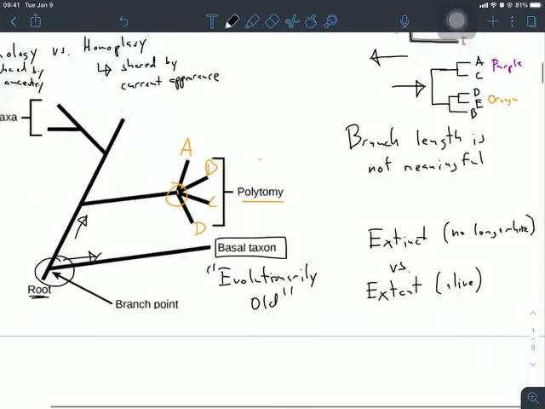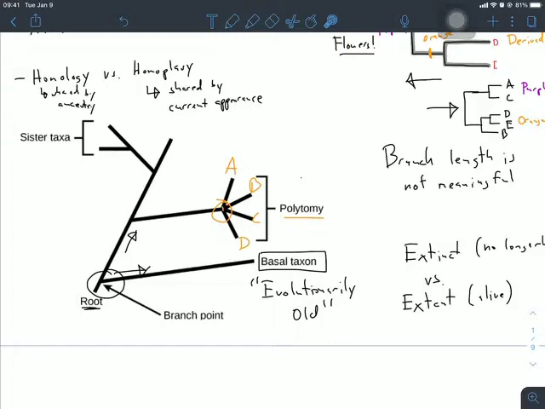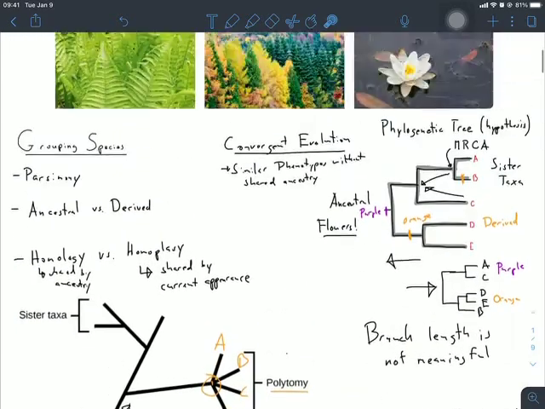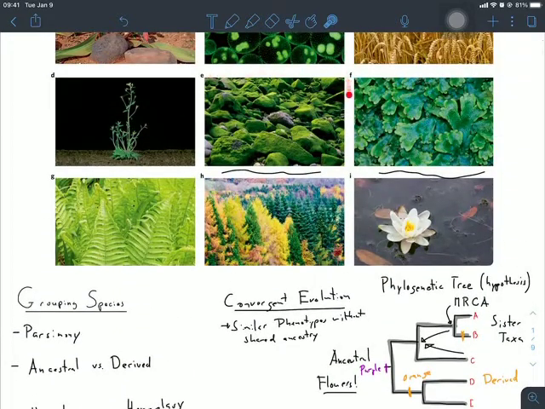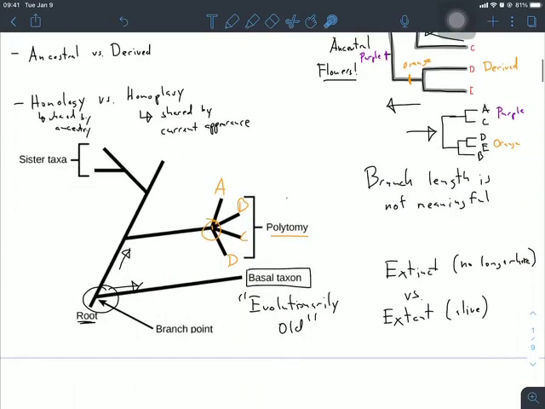It's also important to understand that species that are our basal taxa continue to evolve today. And so, even though things like mosses and liverworts don't have vascular structure like some of our early land plants, they have a lot of features that have evolved since that branch point with our early land plants.